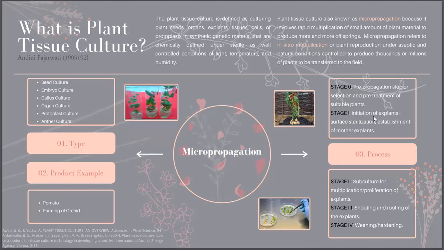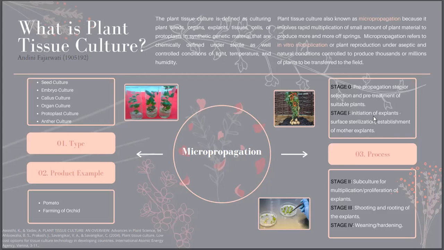Plant tissue culture, also known as micropropagation, because it involves rapid multiplication of a small amount of plant material to produce more and more offspring. Micropropagation refers to in vitro multiplication or plant reproduction under aseptic and controlled conditions to produce thousands or millions of plants to be transferred to the field.